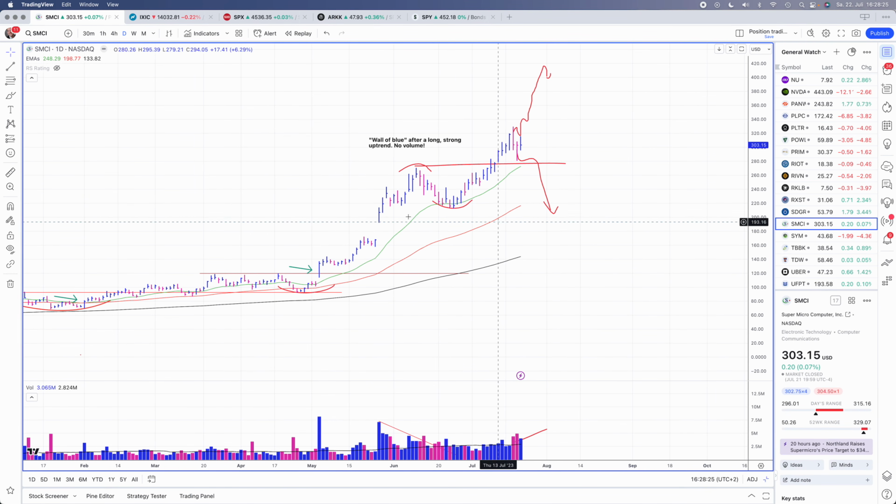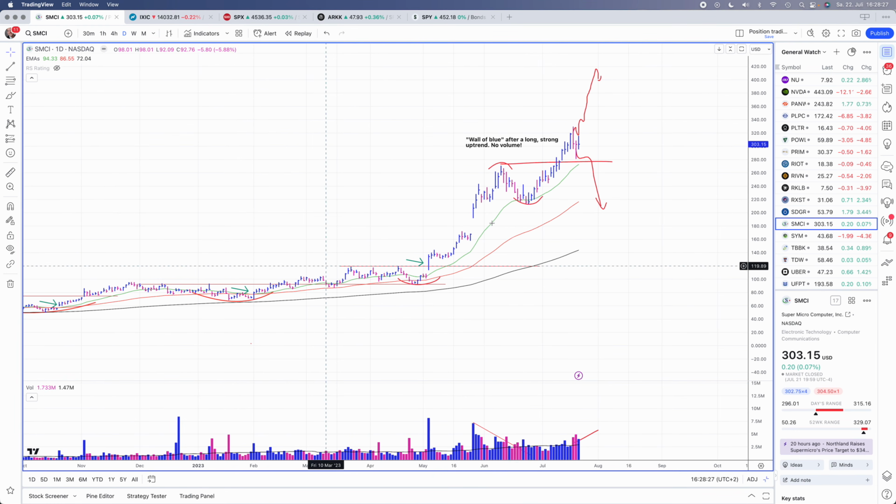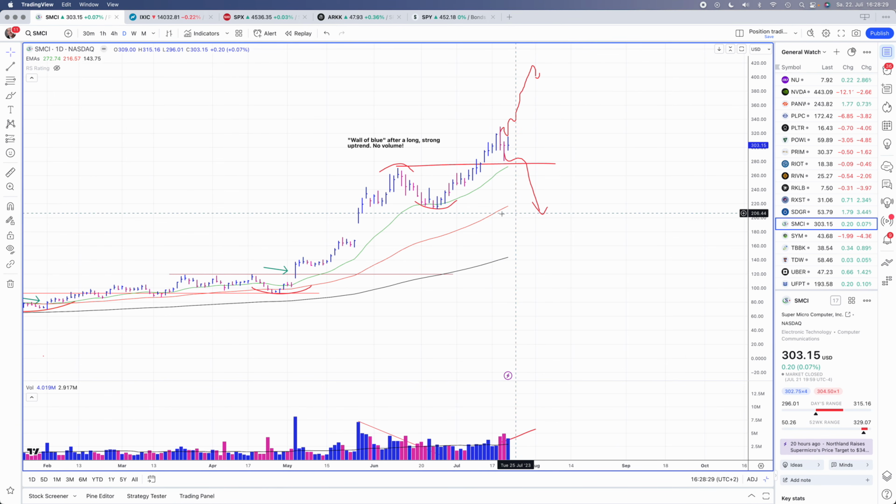SMCI, Supermicro, a stock we have tracked for months, is right now super extended, but it was not able to move higher from here and showed this wall of blue, which is a very strong price action sign. On the other side, it was super extended, and on Wednesday it pulled back, closing down 4.6% on high volume.